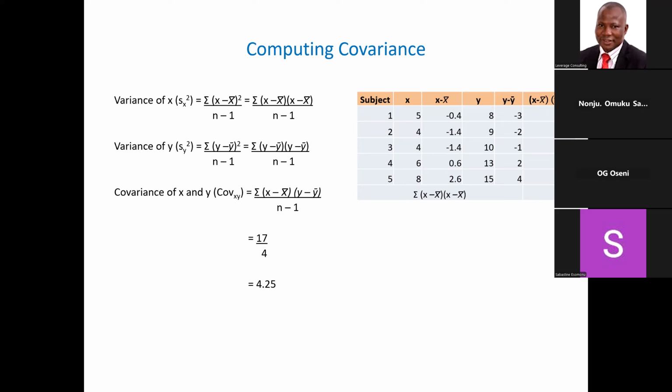But the problem with covariance, just like the problem you have with variance, is that its size depends on the unit of measurement. Let's say you are comparing distance and time.